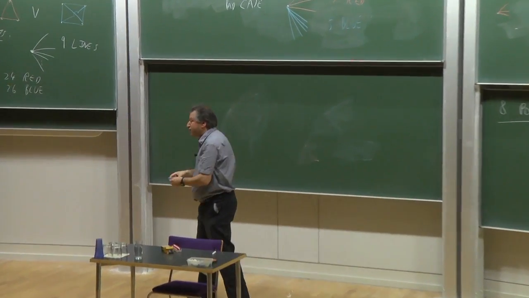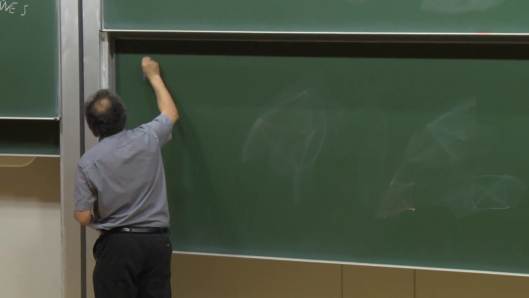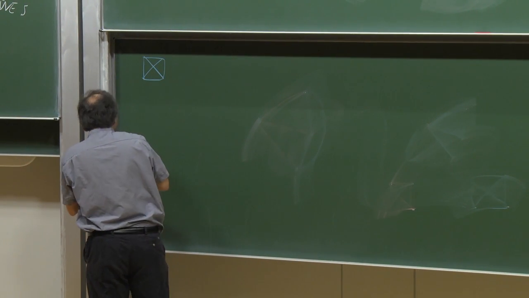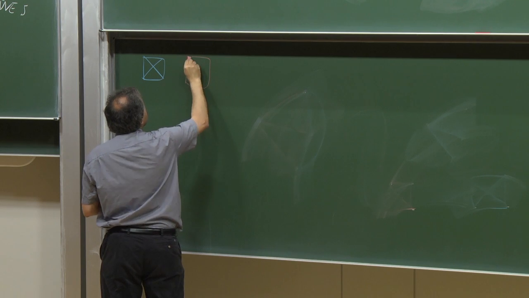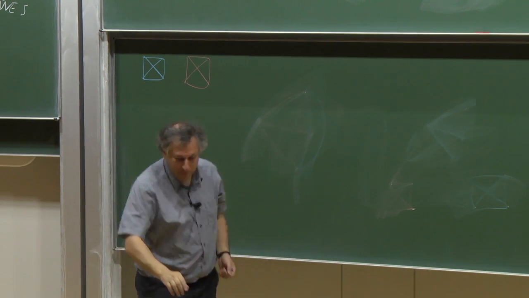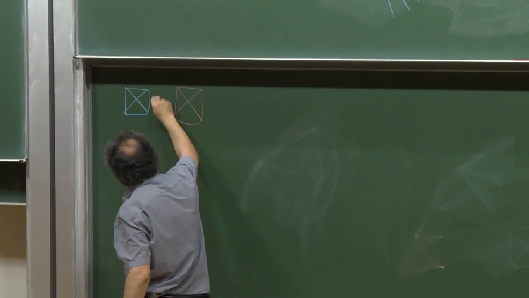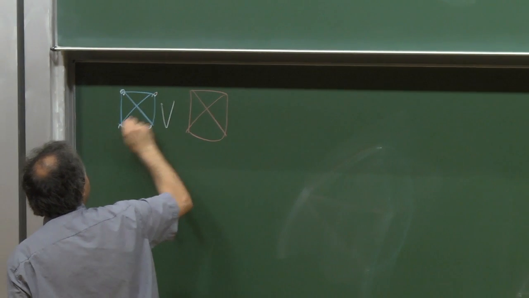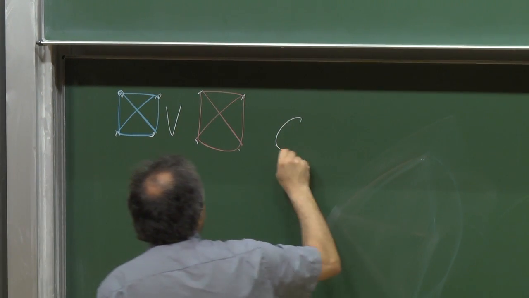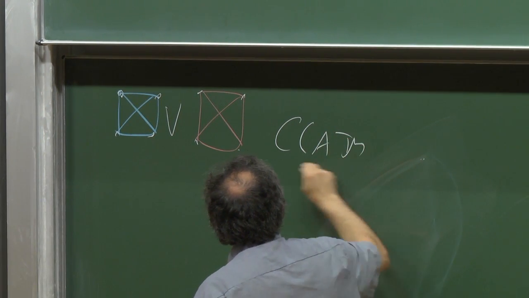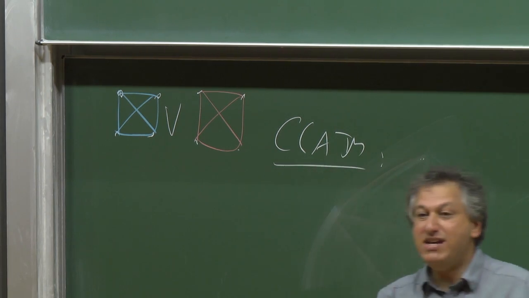So we're now on to our 4, 4 case. So we're going for blue 4 versus red 4. I'm going to claim that 18 points works.